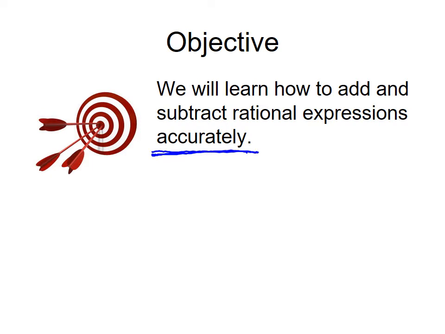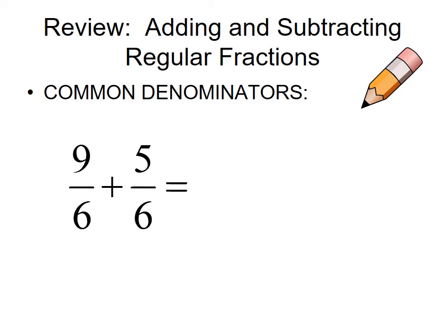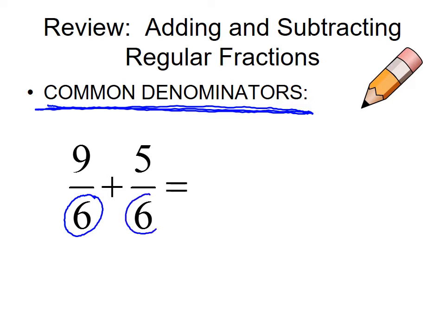Keyword. So first thing we're going to do is a little review on adding and subtracting fractions. Make sure you get this down. We absolutely need, when we're adding and subtracting, to have common denominators, all right? In this case, we're very happy because we have a 6 and a 6.